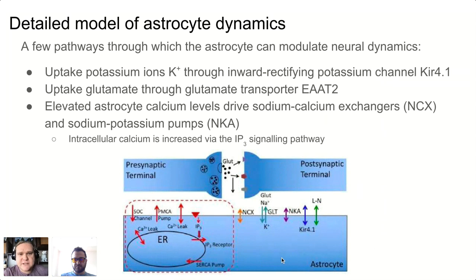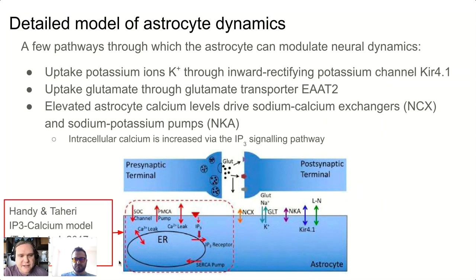We're building on previous work from our group. Handy and Terry a few years back made a nice set of experiments and a model that looked at how different IP3 signals can cause different shaped calcium transients and calcium responses inside the astrocyte. The question we're looking at here is how those different calcium responses lead to an interaction with the ions in the synaptic cleft and then the excitability of nearby neurons.